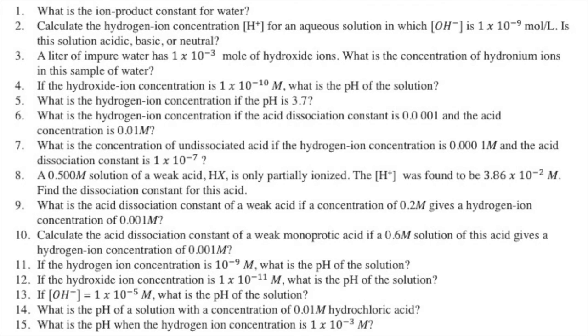Remember, you don't have to do it, but you have to understand why you would subtract the X, and why it really doesn't matter if you subtract the X if they are truly weak acids.